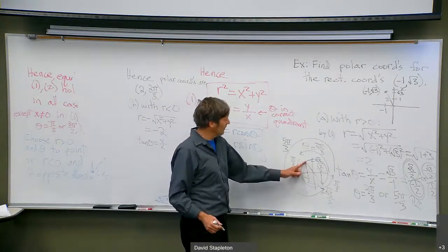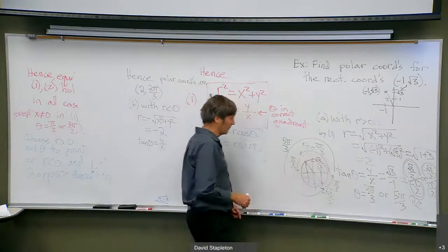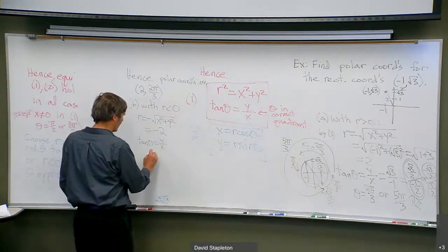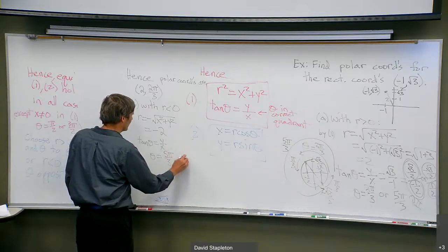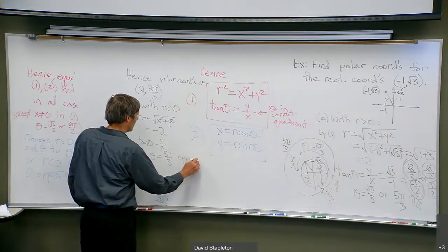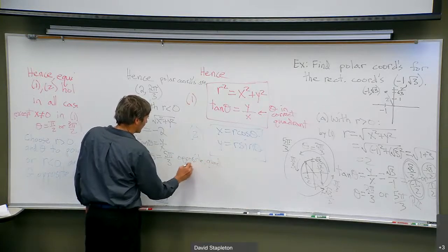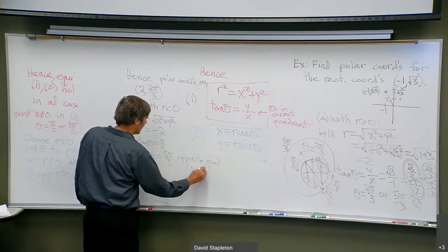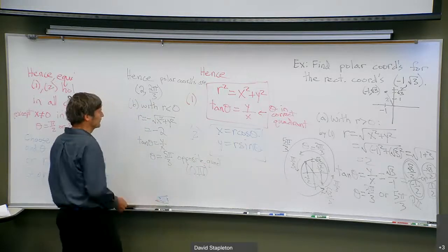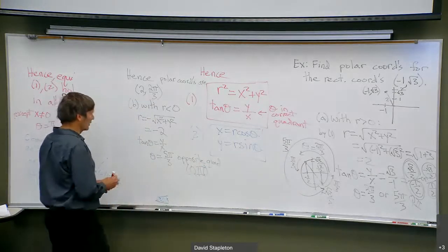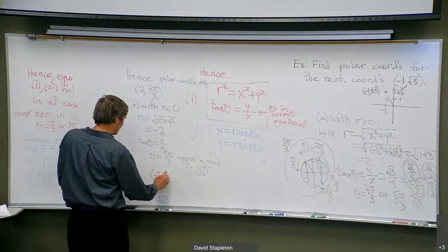All right, this point is in quadrant 2, so we want to take theta to be the opposite quadrant when r is negative. Theta has to be 5 pi over 3, the opposite quadrant. Is quadrant 4. So now my polar coordinate pair with r negative is just negative 2, 5 pi over 3.